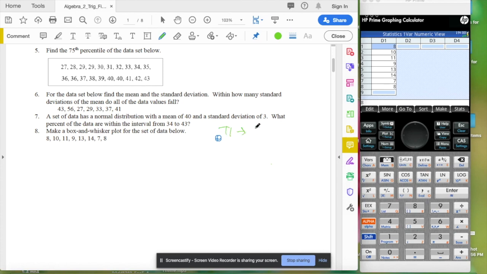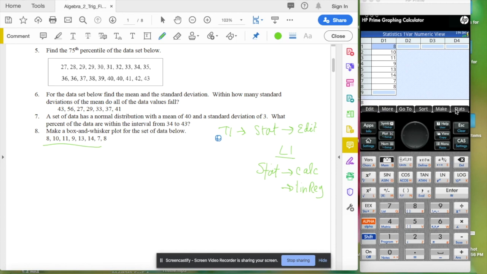You go to the stat button and then edit, and then you have your list one, put it in your list one, and then you're going to go back to stat, calc, it's like the second one over on the top screen, and then you're going to do lin reg.